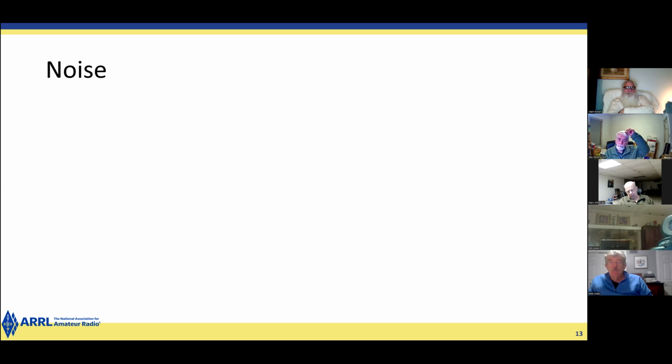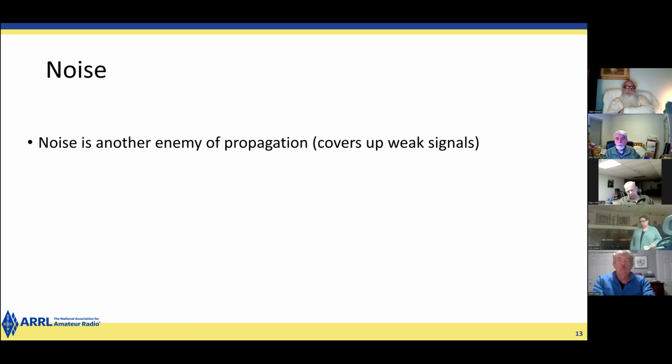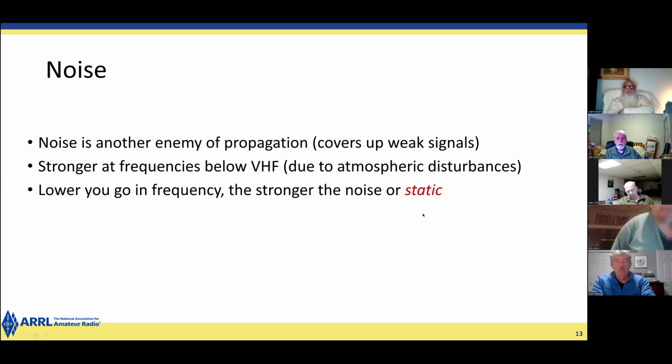Okay, so also, noise is another enemy of propagation. And it covers up weak signals. The lower in frequency you go, the stronger the noise or static. It turns out a lot of atmospheric noise, especially in the summer, comes from distant lightning.